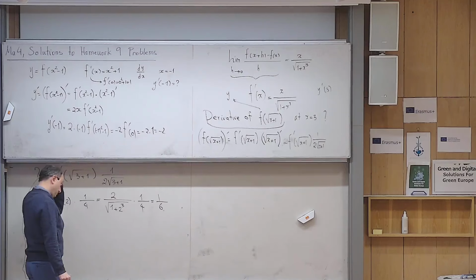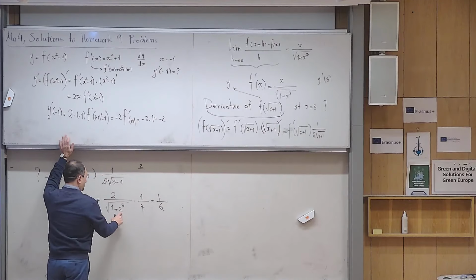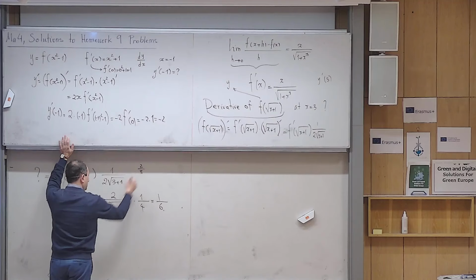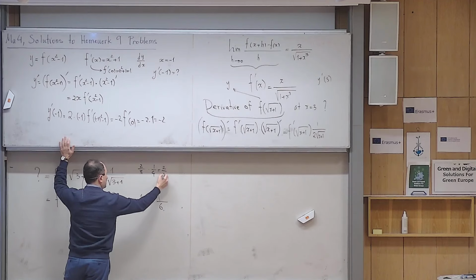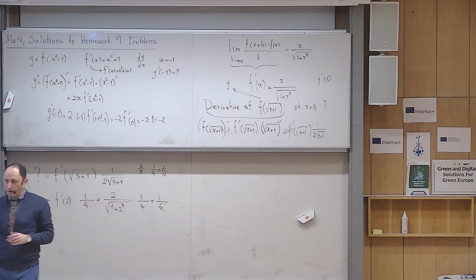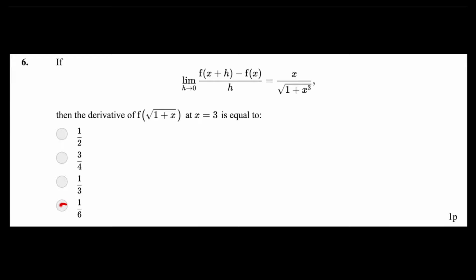I got 1 over 3, so maybe I made a mistake. Let me see. This is 2 over 3, and then multiplied by 1 over 4, it becomes 2 over 12. So 1 over 6 is correct. So then you choose this one.